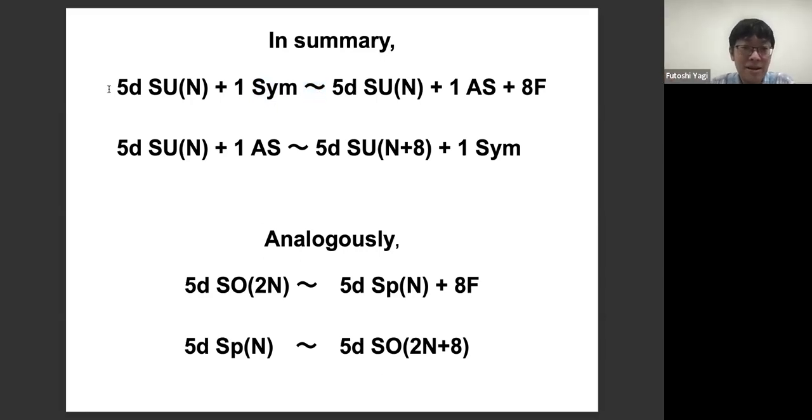But anyway, in this sense, there is some kind of equivalence between SU(N+1) symmetric and SU(N+1) antisymmetric plus 8 flavors, where the mass of the 8 flavors is tuned, or SU(N+1) symmetric and SU(N) plus 1 symmetric, where the Coulomb branch corresponding to the 8 color branes is tuned. They will show similar properties, at least when you compare some concrete things like the prepotential or Seiberg-Witten curve or Nekrasov partition function.